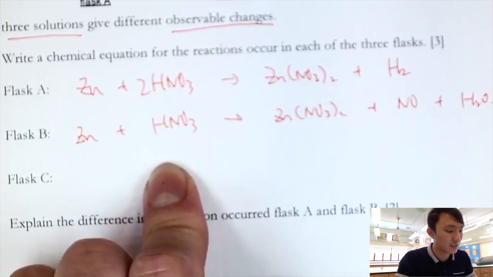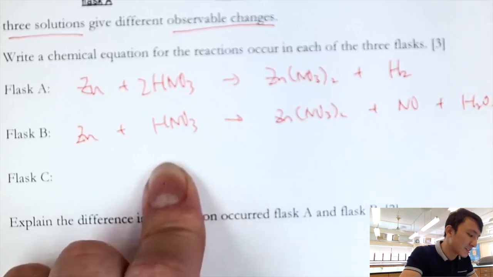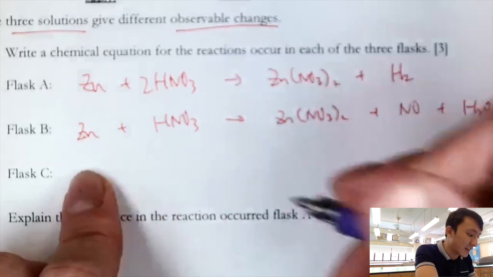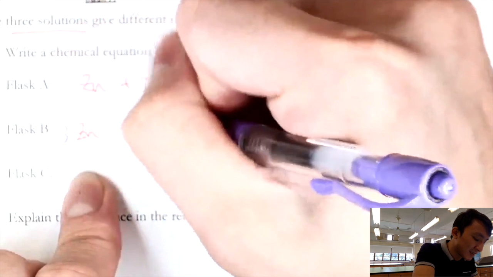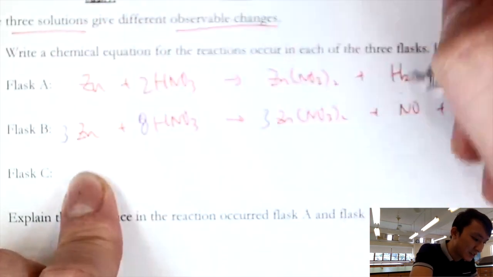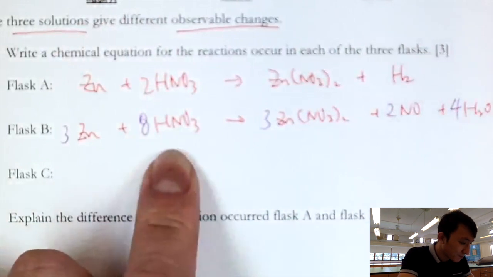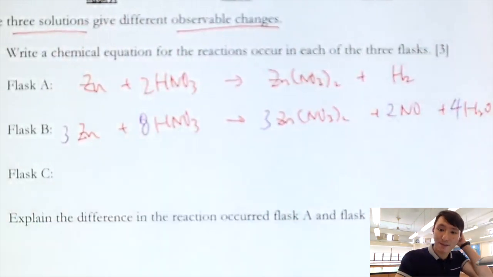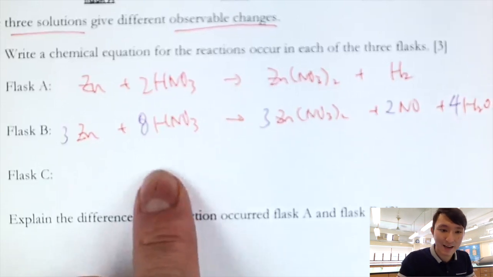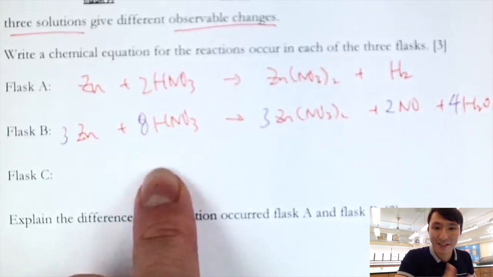Like me, I have done this many times. So for me, I don't really have to balance it because in my head, I already know that it's going to be 3, 8, and then 3, 2, 4, I guess. Right. So I hope you can do this, like what I did after some practice.